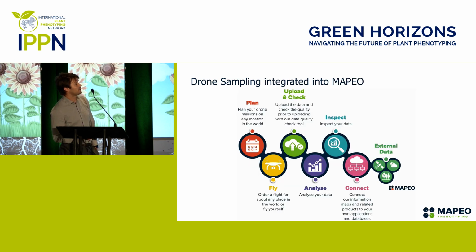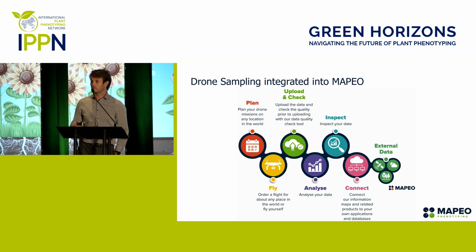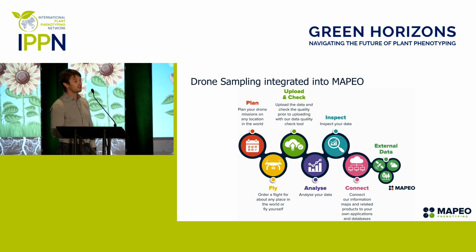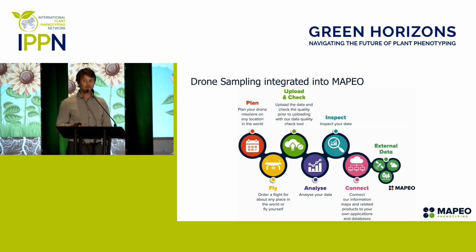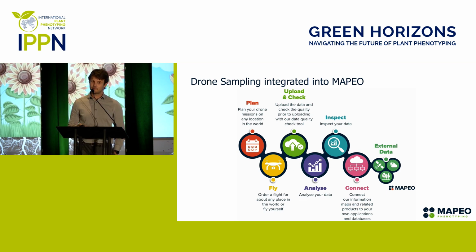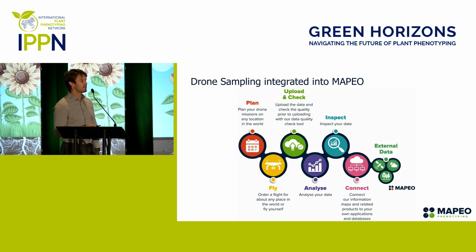So I just wanted to finish off by mentioning a bit about Mapio. Mapio is the end-to-end workflow for drone image processing that we have at VITO. The idea is that we're experts on remote sensing, on things like geospatial image processing and all of this kind of thing.